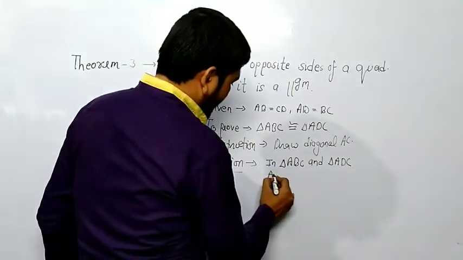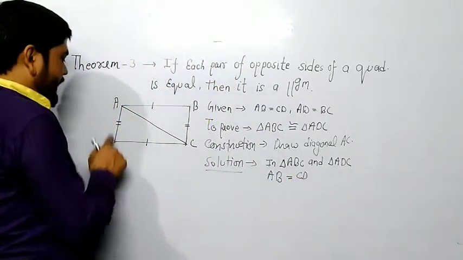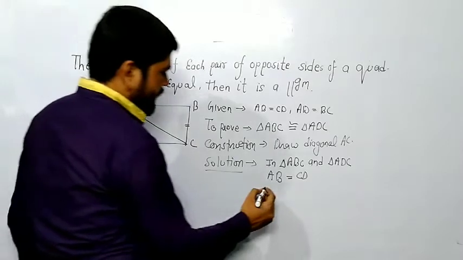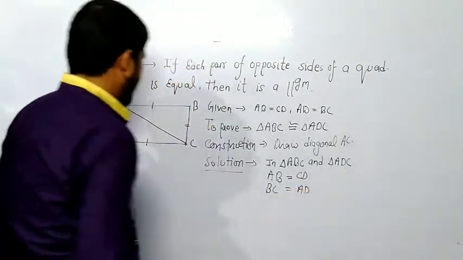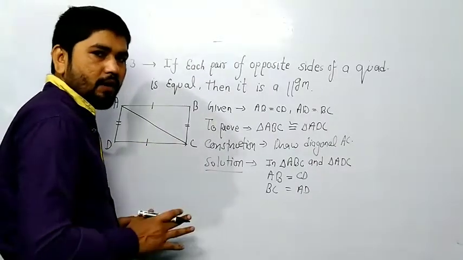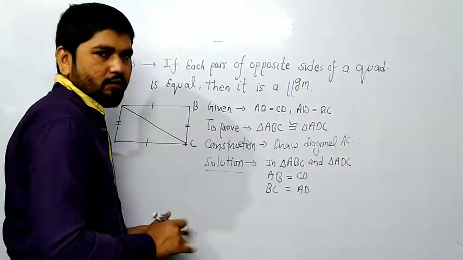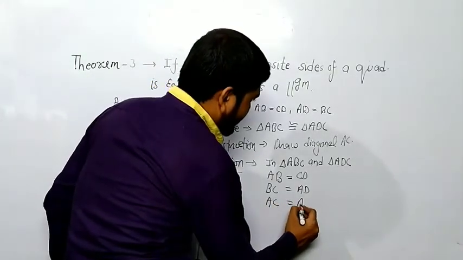Second, AD is equal to BC, so BC is equal to AD. And third, AC is the common side for both the triangles. Yes or no? Yes. So AC equal to AC.